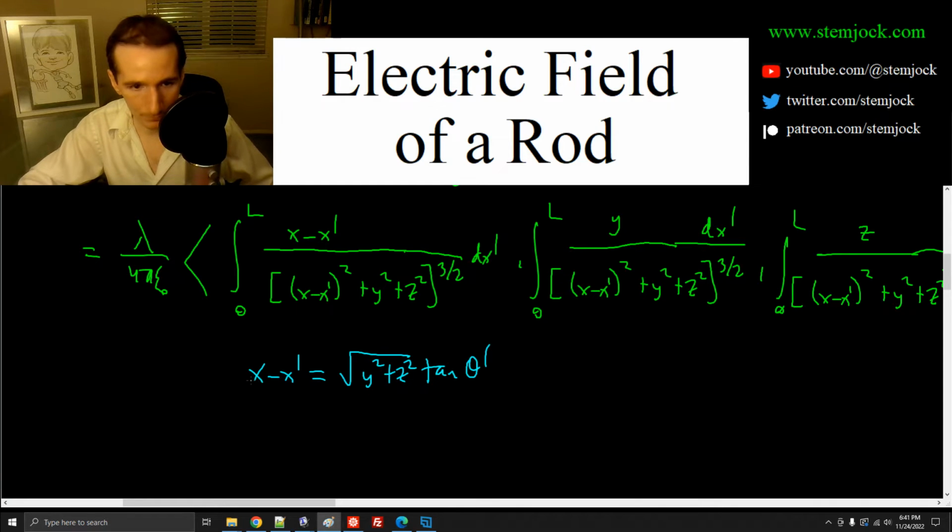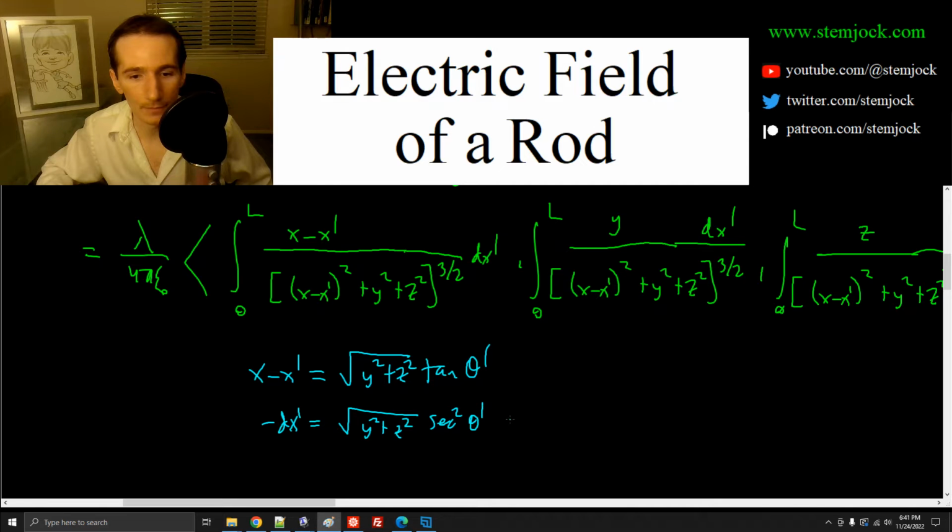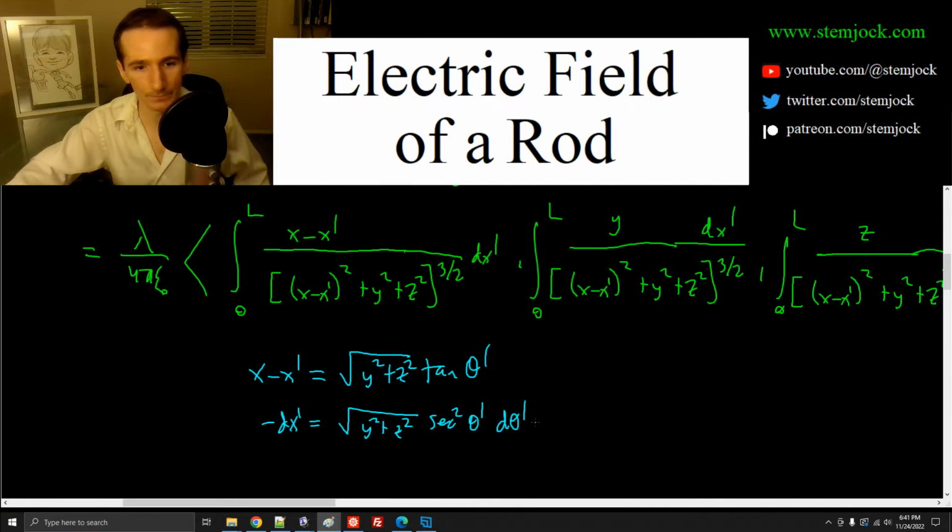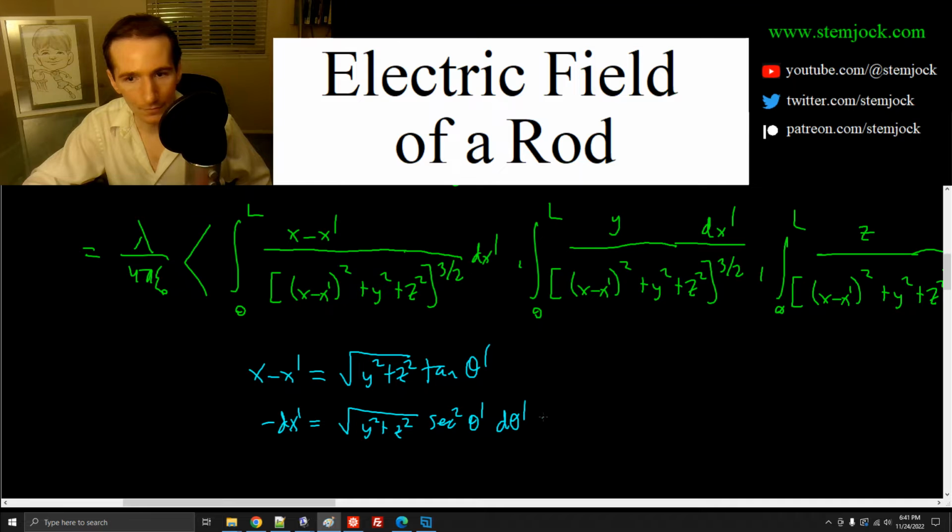Now, x is just a constant, so if I differentiate both sides, I get negative dx prime, and this is equal to square root y squared plus z squared times secant squared theta prime d theta prime. Again, I'm making the substitution in all 3 of these integrals.